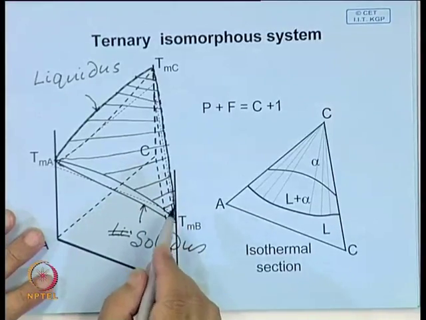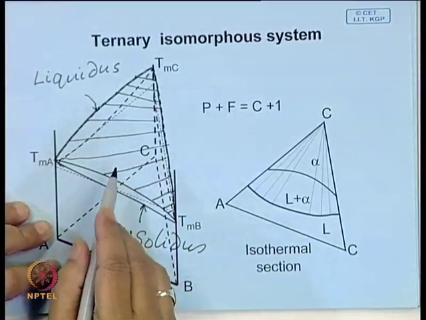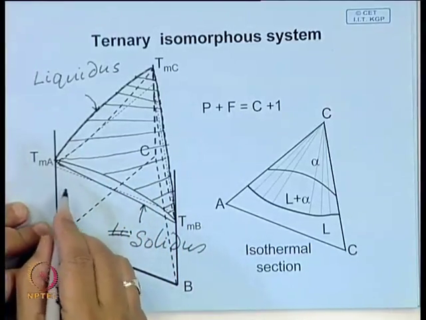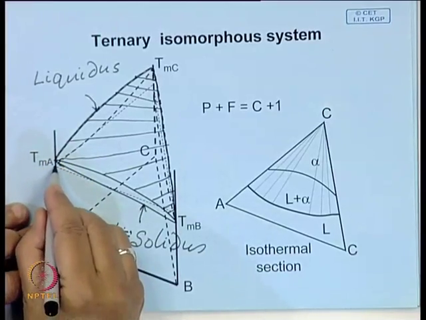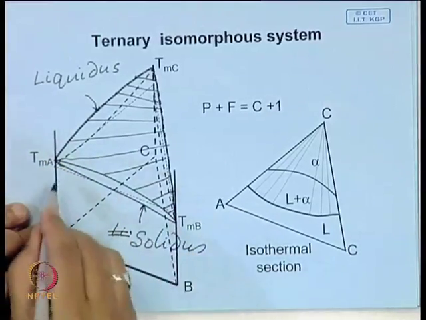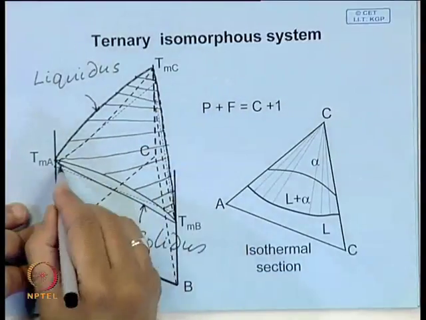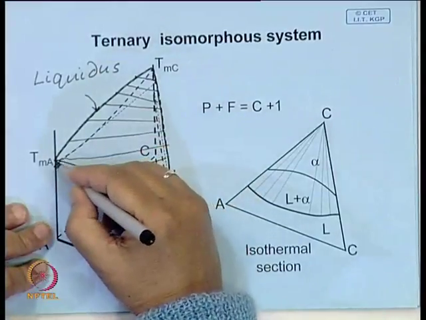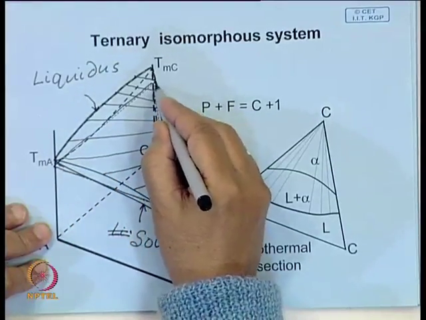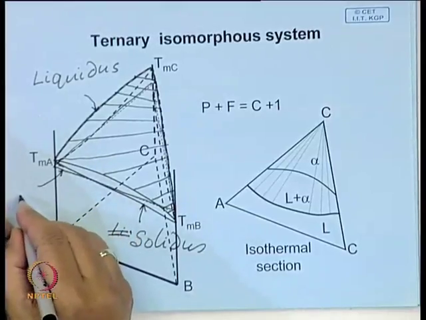For this, what do we do? We take certain sections. Suppose we try to draw an isothermal section at this particular temperature. We draw a horizontal plane, and a horizontal plane means an isothermal plane.